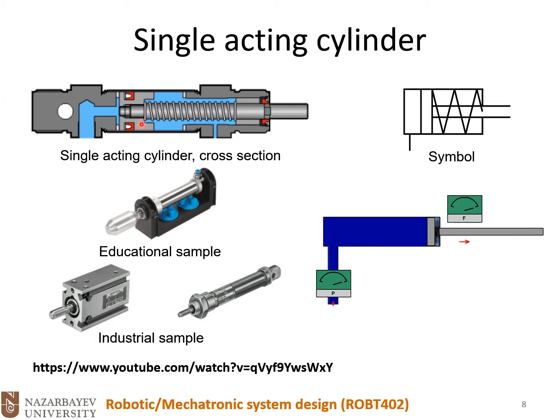Now let's see the cross section of one single acting cylinder. Here we have a main port, and here we could see the piston, and the whole body itself is the cylinder. So we have two chambers, one on the left side and one on the right side of the piston.